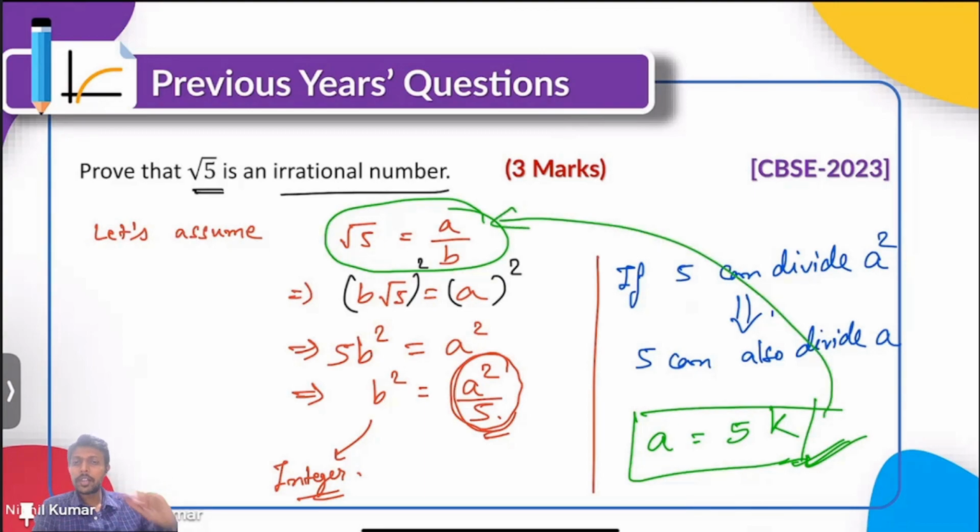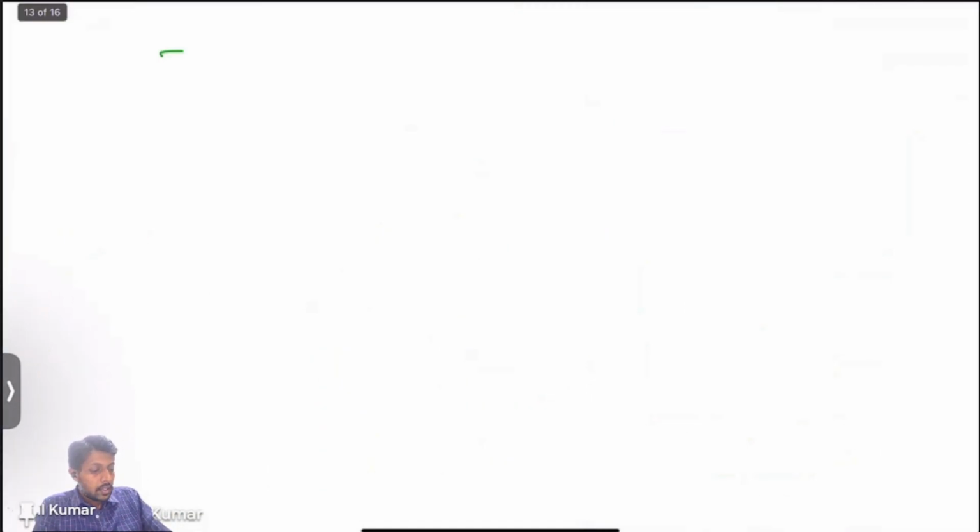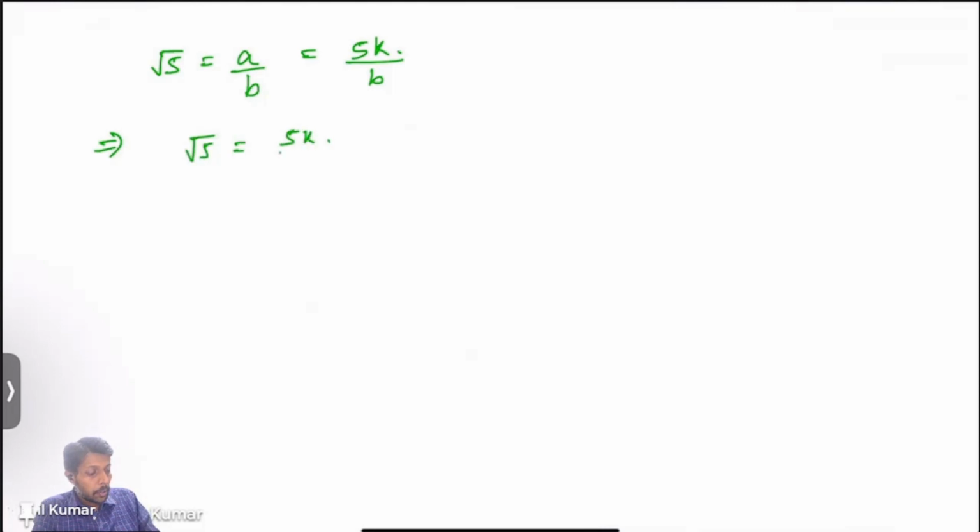And we are going to shuffle that once more. So root 5 is equal to a upon b, and this time a will be written as 5 times k, and let's rearrange this. Root 5 is equal to 5k upon b.